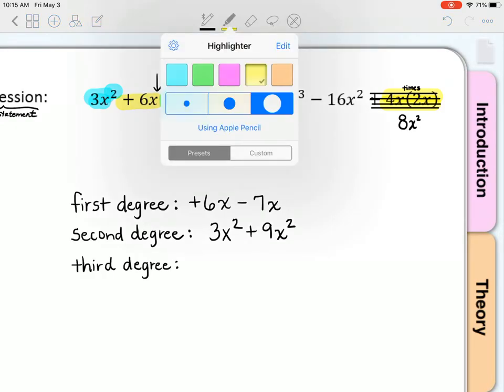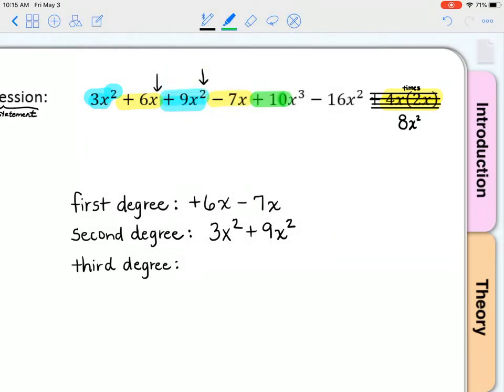And then just out of the blue, we have this one, which is a third degree term. So we're going to put that down here on the third degree row. And you can bring the plus sign if you want to. That's fine. The next one is a second degree term. So we bring it to the second degree row, write it down there.